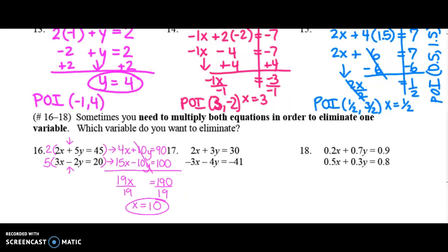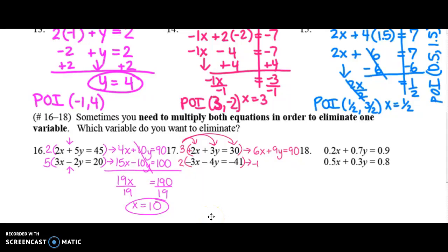That went pretty smoothly. In the next equation, notice I have positive and negative signs for the x's. I also have positive and negative signs for the y's. So I can choose to eliminate the x's or the y's. I'm going to stick with the x's just because 3 and 2 are smaller than 3 and 4. So I'm going to flip-flop the numbers and multiply the top by 3, the bottom by 2.